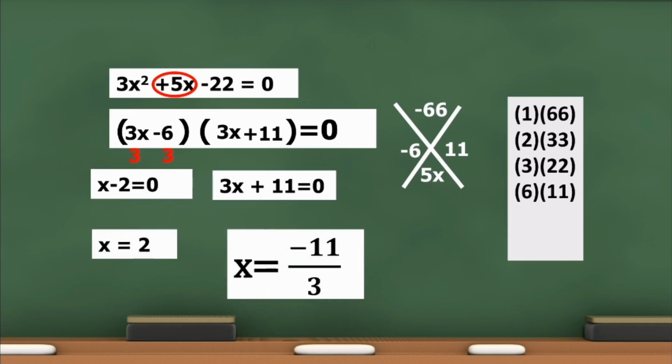So, x is equal to 2, then x is equal to negative 11 over 3.